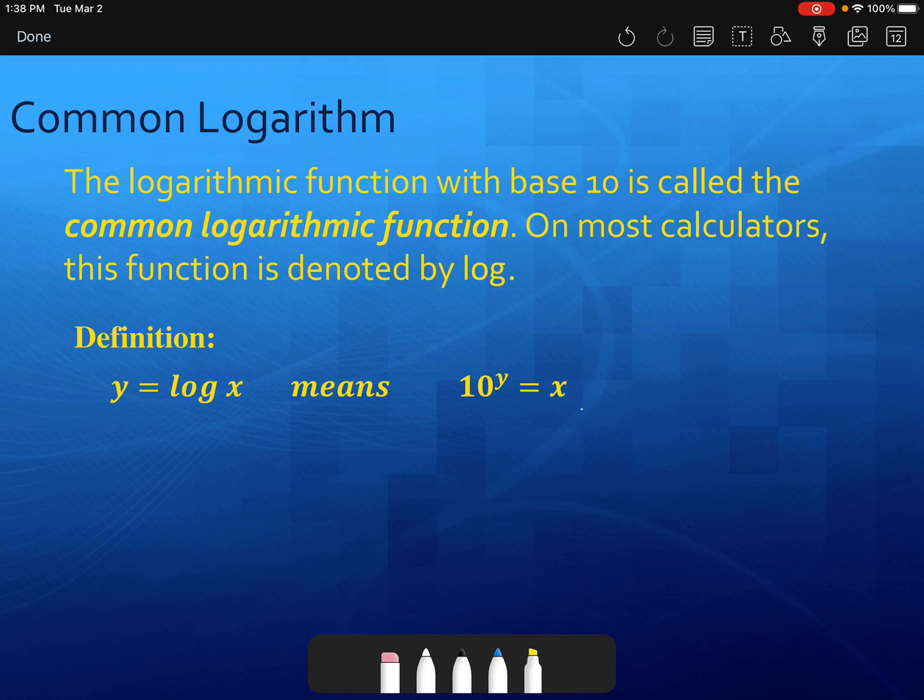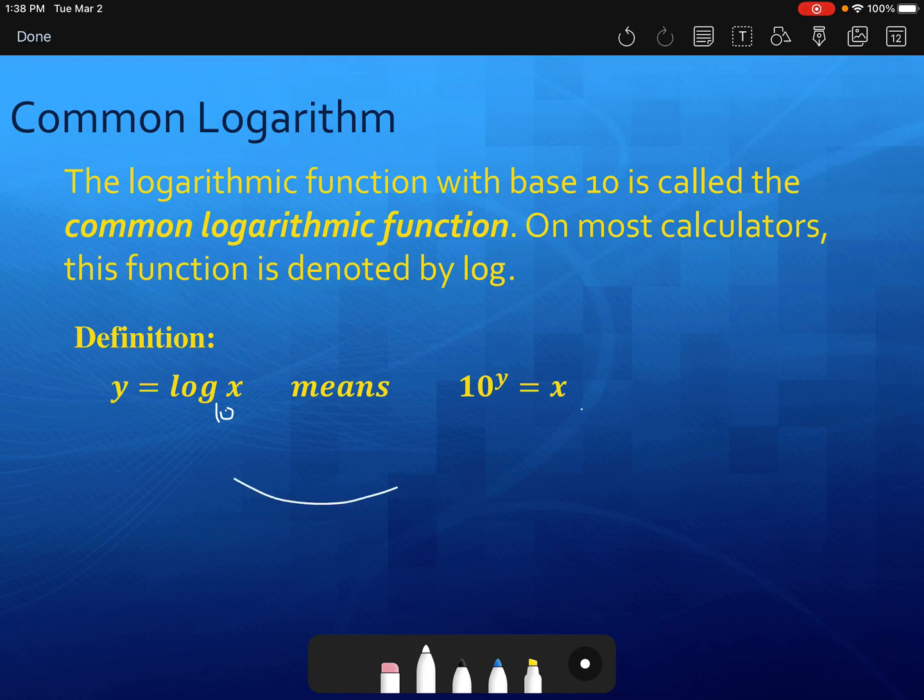Now what log basically means is, you read this: log base 10 of x equals y, or y equals log x. Everybody knows that log means base 10.